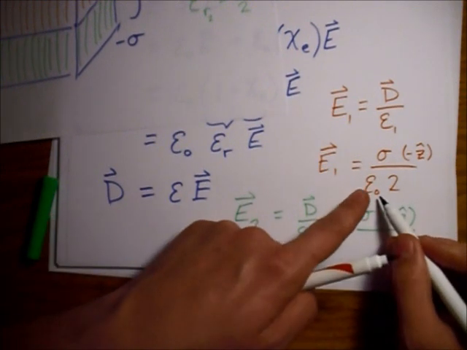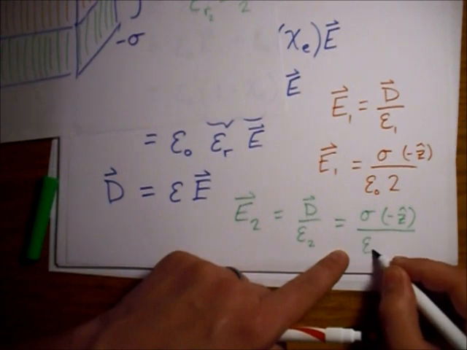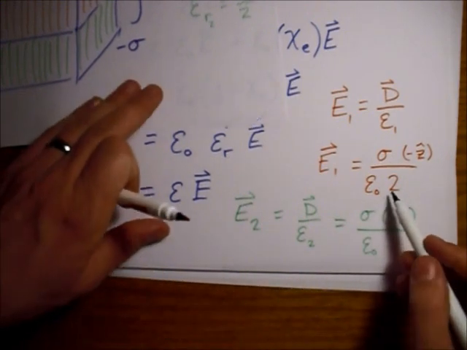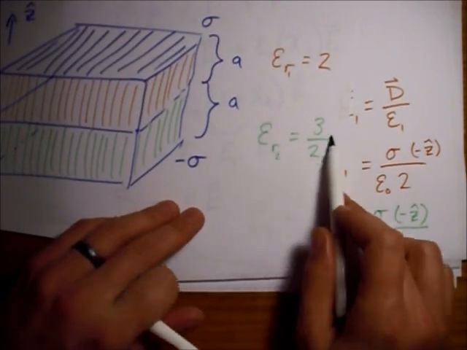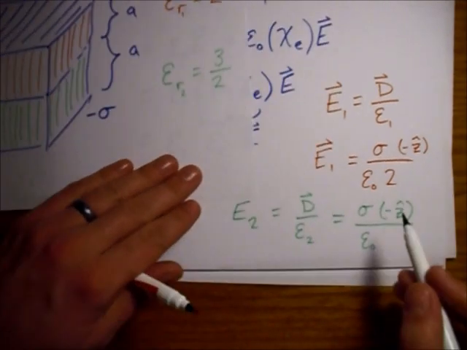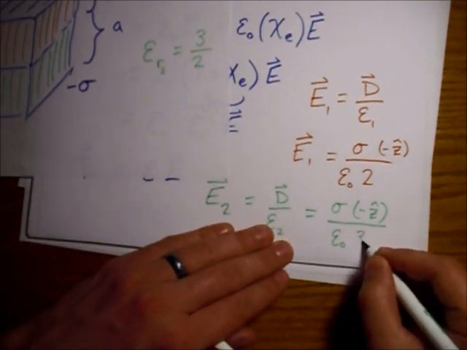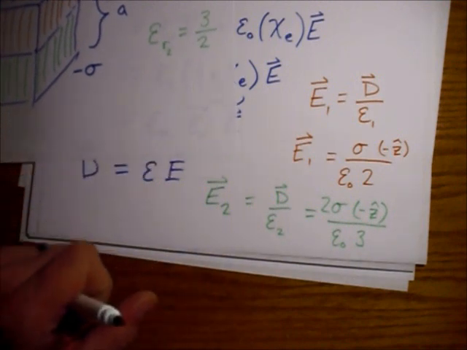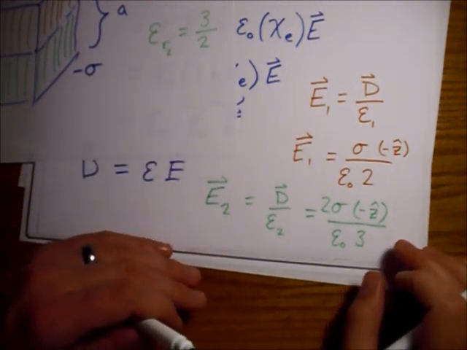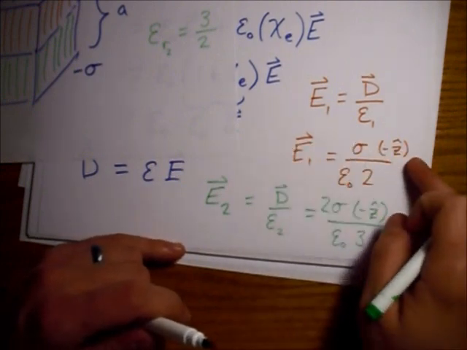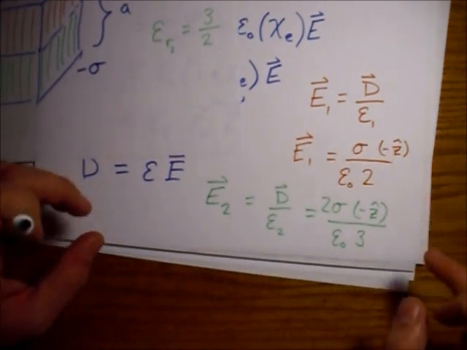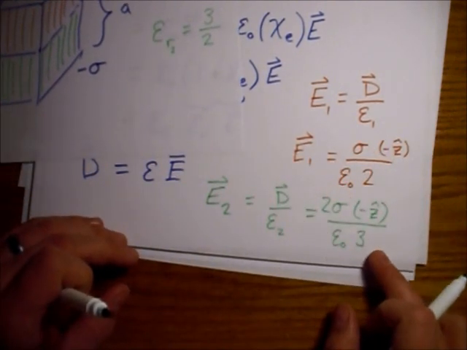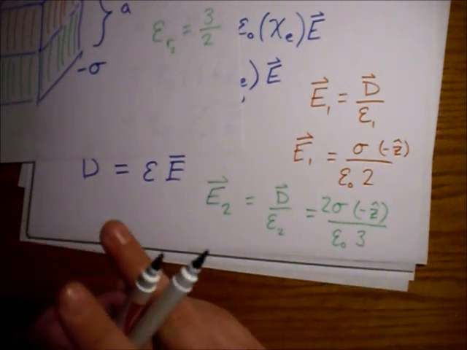And then we have our permittivity of free space, epsilon naught, multiplied by our dielectric constant, 3/2, which down here we can write the 3 downstairs and the 2 upstairs. So here we go. Here's our electric field in the top half. Here's our electric field in the bottom half.